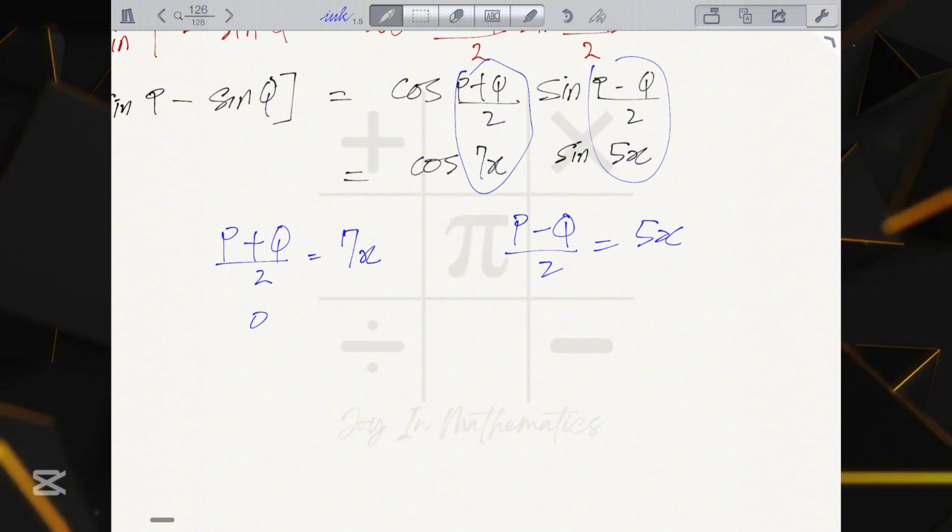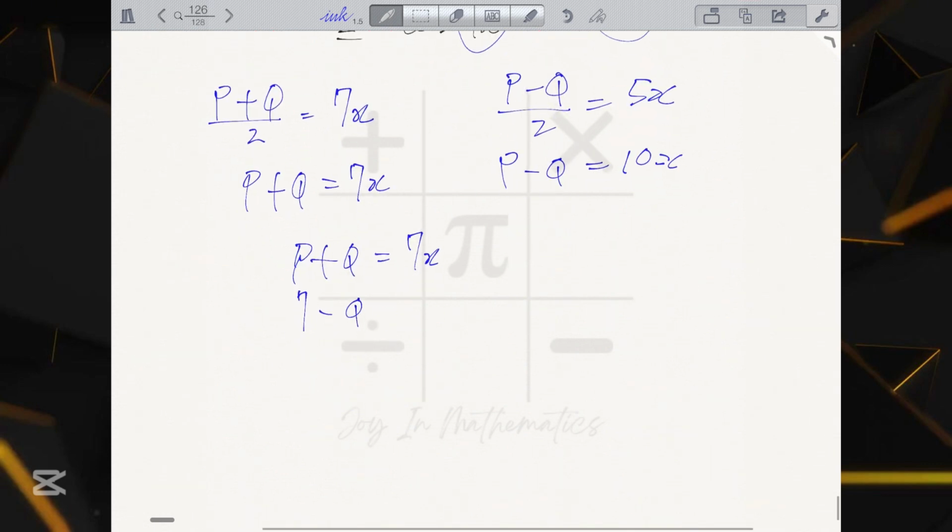So in essence, p plus q is equal to 14x. P minus q is equal to 10x. So if we solve this simultaneously, let's add the two expressions together.